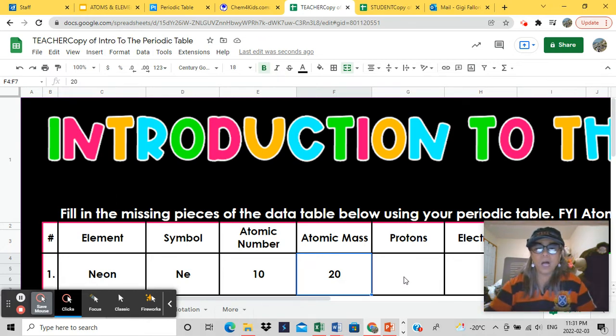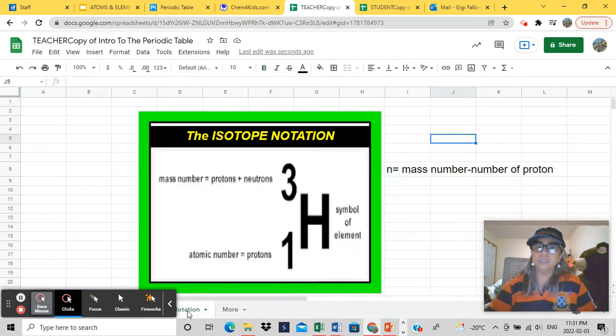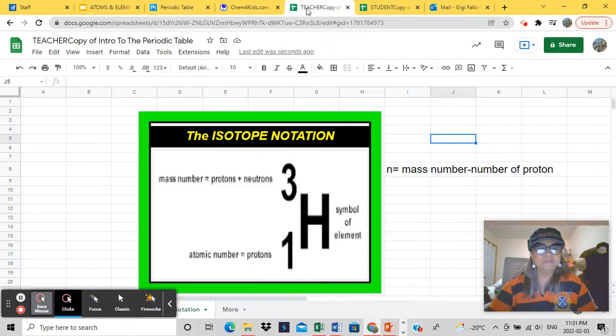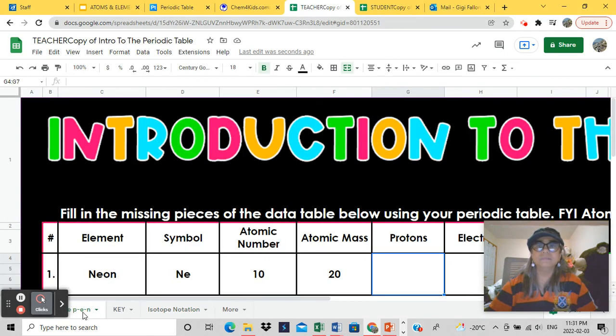Okay. Now protons. So what are these, right? Again, go back to your notation. Oh, the atomic number is equal to the number of protons. So when I go back to this one, right?